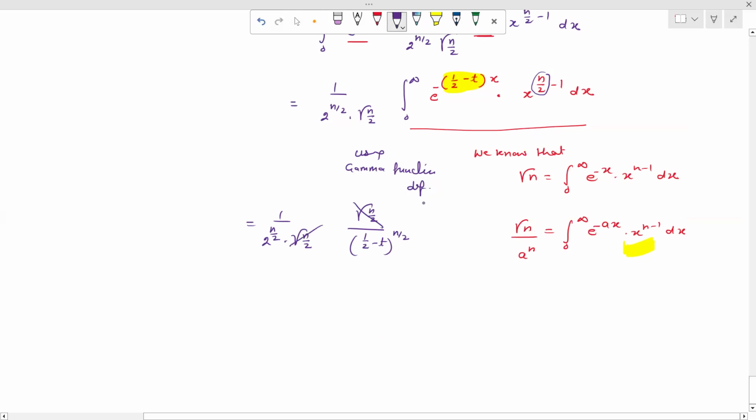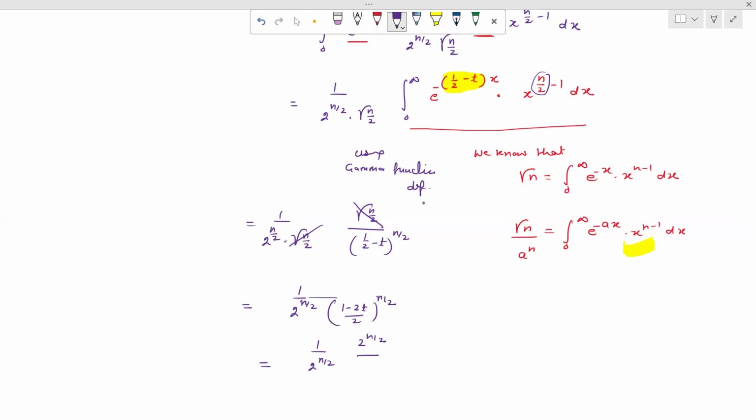तो यहाँ पर हम क्या करेंगे, गामा n/2 टू गामा n/2 कैंसिल्ड. So this we can write down as 1 upon 2 raised to the power n by 2, और यहाँ से ये हो जाएगा 1 - 2t अपॉन 2 रेज टू द पावर n बाई 2. और सिंप्लीफाई करेंगे तो ये जो 2 रेज टू पावर n बाई 2 वो न्यूमरेटर में चला जाएगा. So this can be written as 1 upon 2 raised to the power n by 2, और इधर भी आ जाएगा 2 रेज टू द पावर n बाई 2, so this will be 1 - 2t raised to the power n by 2.